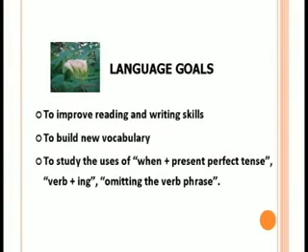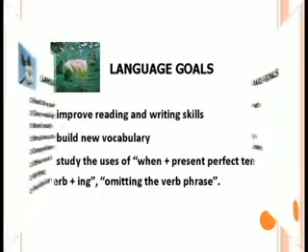The language goals are to improve your reading and writing skills, to build new vocabulary, to study the use of the present perfect tense, verb -ing, and omitting the main verb phrase.